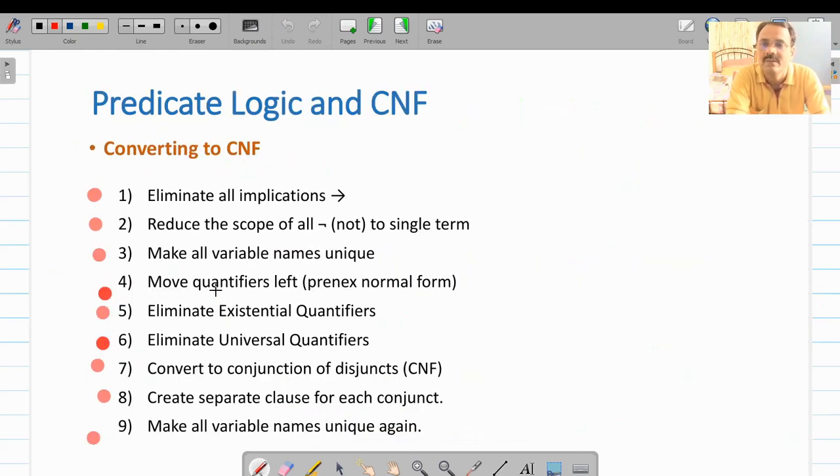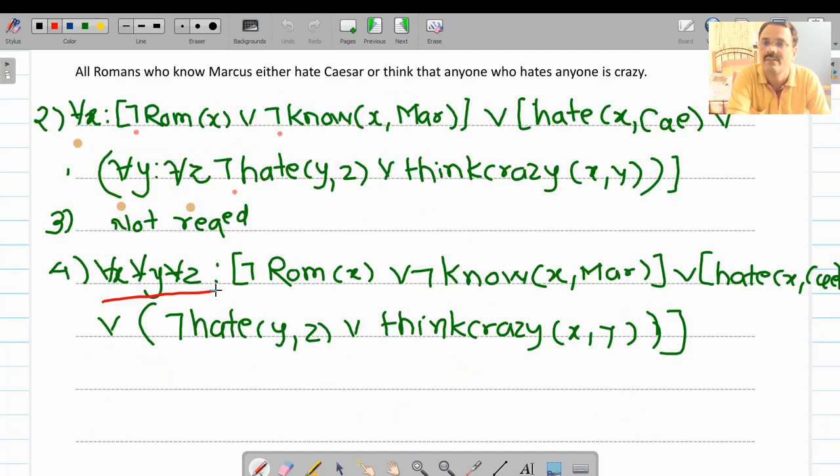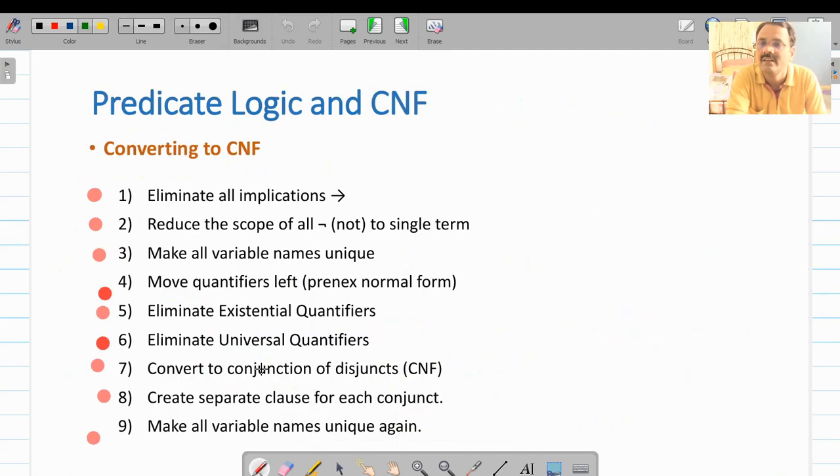Step 5, remove existential quantifier. You will find there is no existential quantifier, so step number 5 is also not required. Then step 6. Step 6 is eliminate universal quantifier.